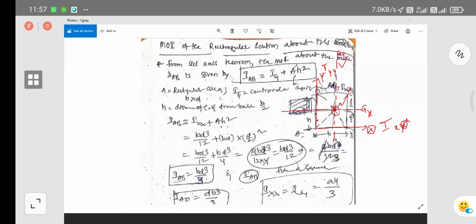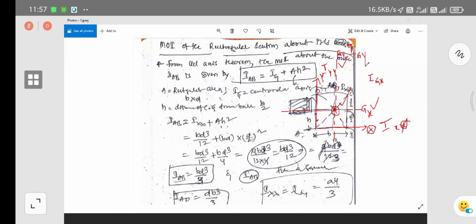So see here, this is about the central axis. We get the moment of inertia as IGx about its central x axis, and y is also a central axis, because it also passes through the centroid of the geometrical figure. That one I am going to call IGy.